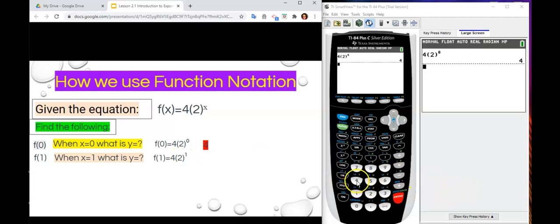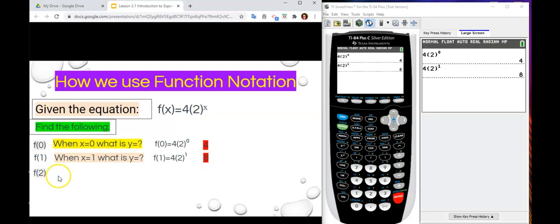So I'm going to do the same thing. I'm going to put 4 and 2, and this time I'm going to raise it to the first power, and then I hit enter. So I see that my value now is 8. So this means that when x is 1, my y value is going to be 8.